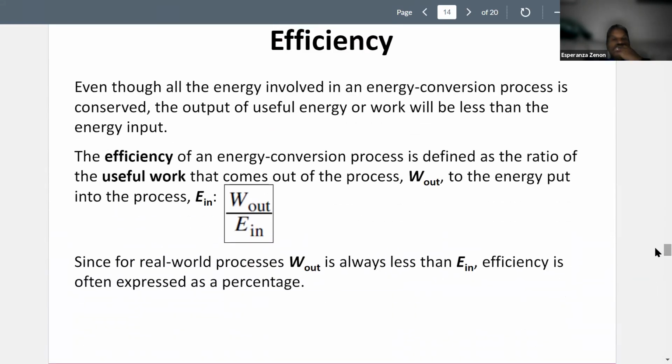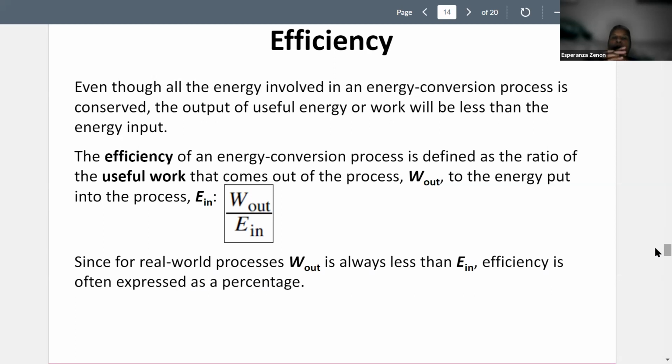Efficiency. So what we want to do when we deal with efficiency is look at how useful the work that we get out of a system will be compared to the energy that we put in.